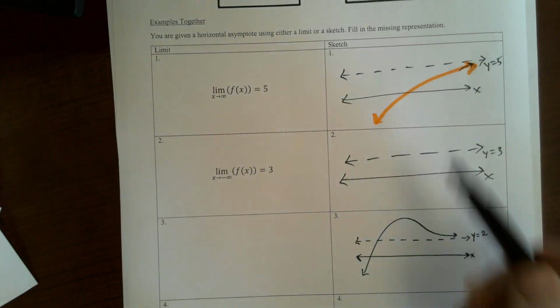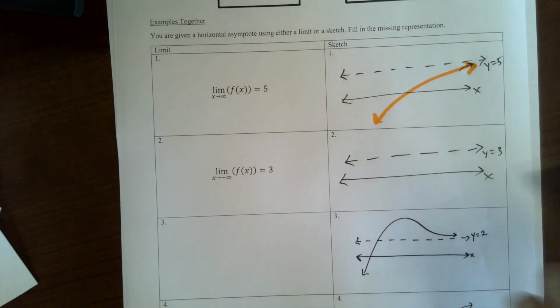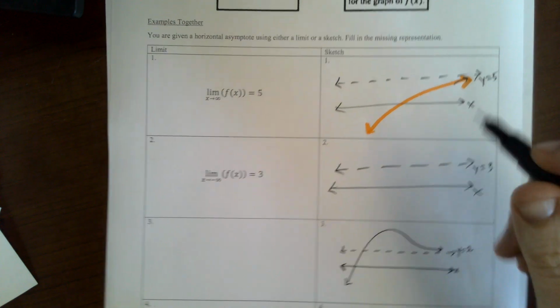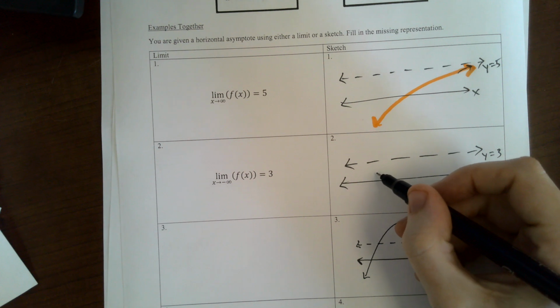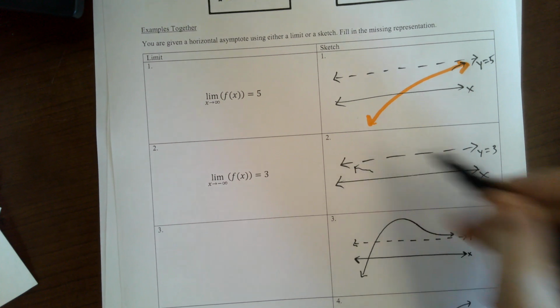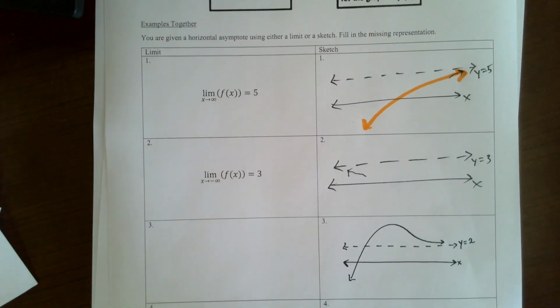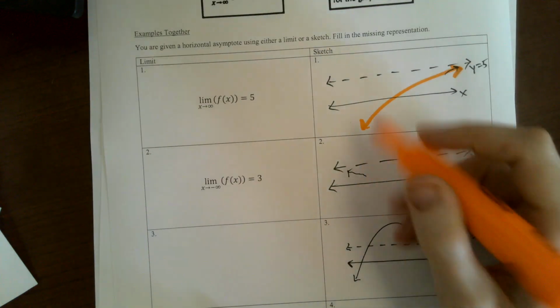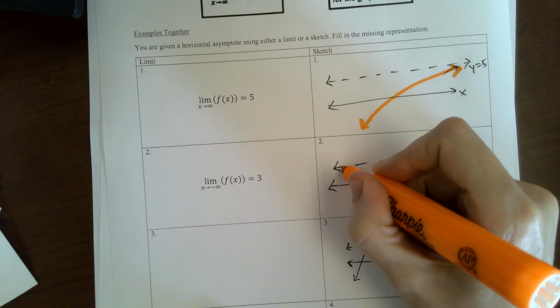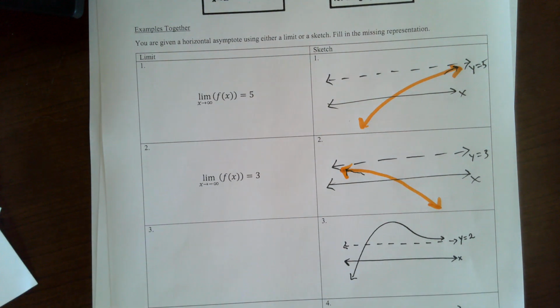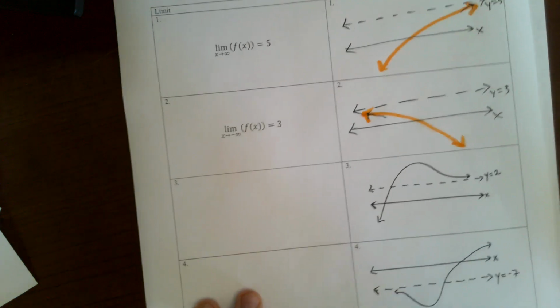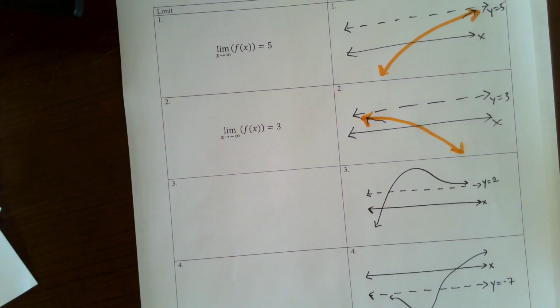And now we could be coming from below again. I guess I'll just come from below again. And as long as we're leveling off, then the shape of the graph doesn't matter. All right, something like that.